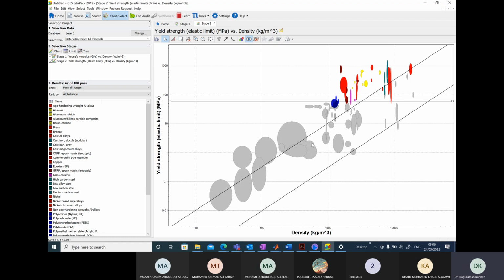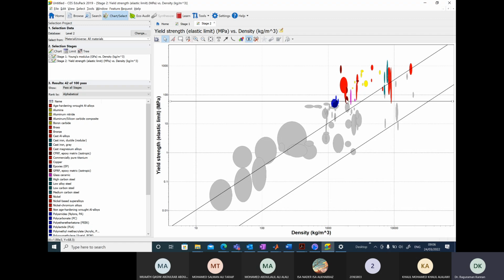Looking at the direction of the guidelines, we have to move perpendicularly up or down. If you move down, obviously the ratio is minimized because density has higher values and yield strength has lower values. You need to go up in this direction to maximize the quantity, and therefore these are the materials to be selected.